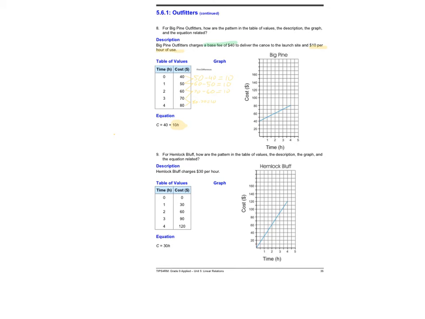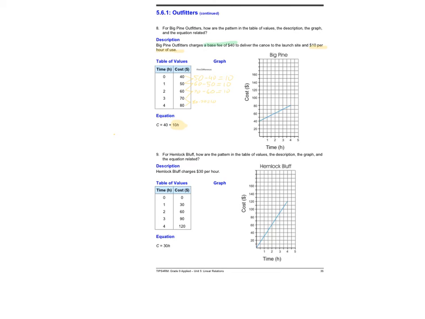Alright, so I had to adjust the zoom there, so it might look a little off from before, but we can now see our first differences. We took 80 minus 70 to get 10. We took 70 minus 60 to get 10. We took 60 minus 50 to get 10, and we took 50 minus 40 to get 10.